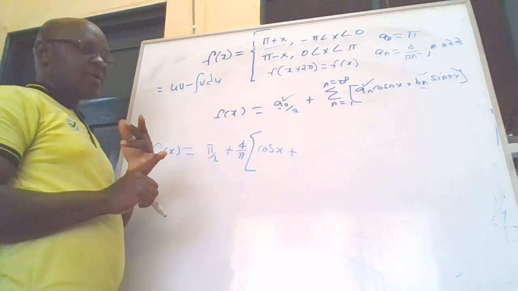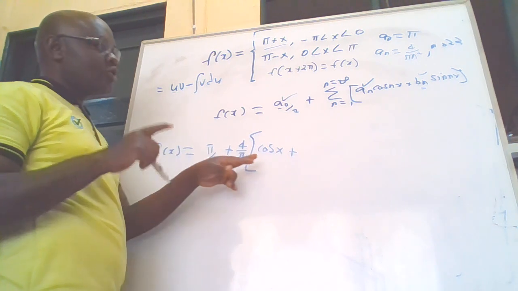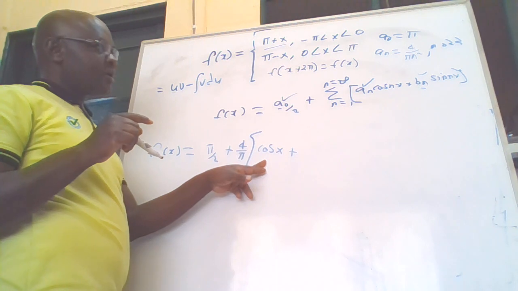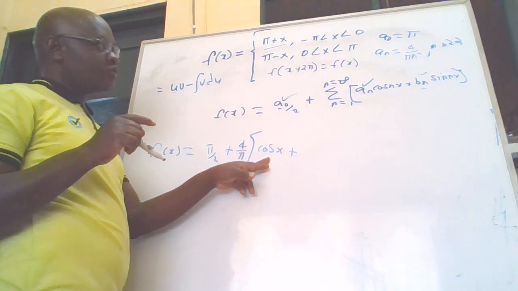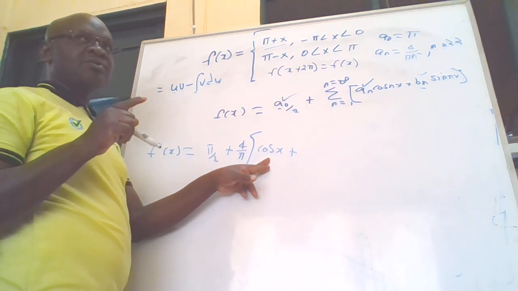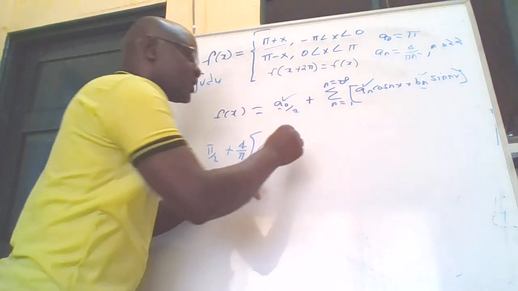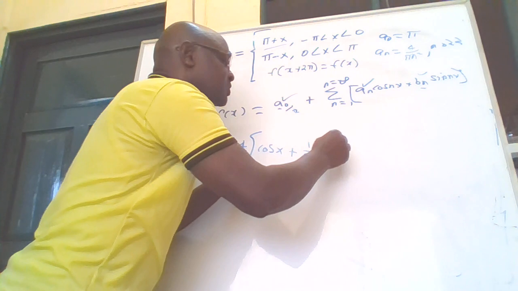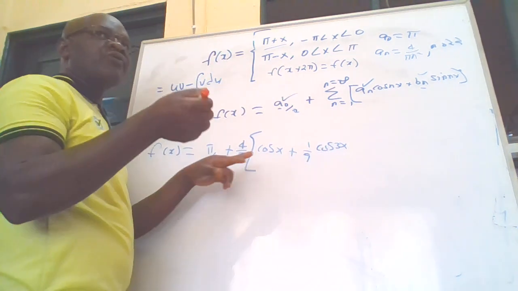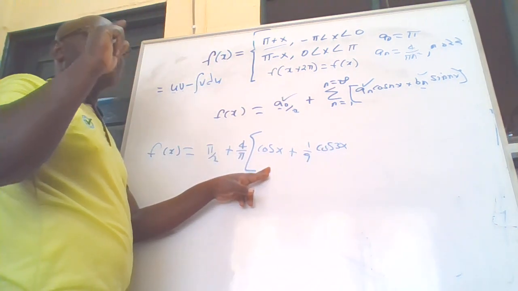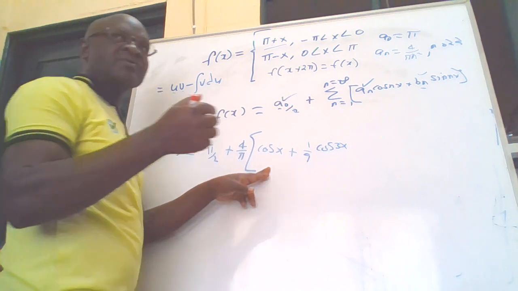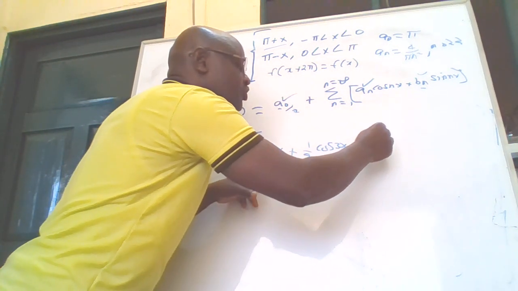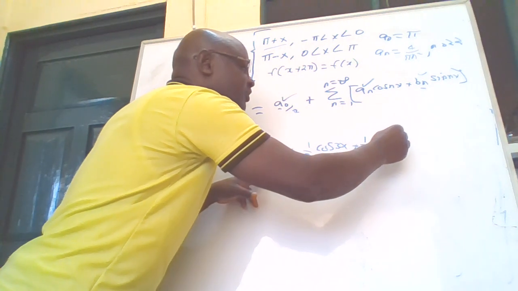Then plus. We have considered 1, then we go to 3. So it will be 1 over n squared, where n is 3, so it will be 1 over 3 squared, so it will be 1 over 9 cos 3x. We go to 5. 1 over n squared, so it will be 1 over 5 squared, which will be plus 1 over 25 cos 5x.